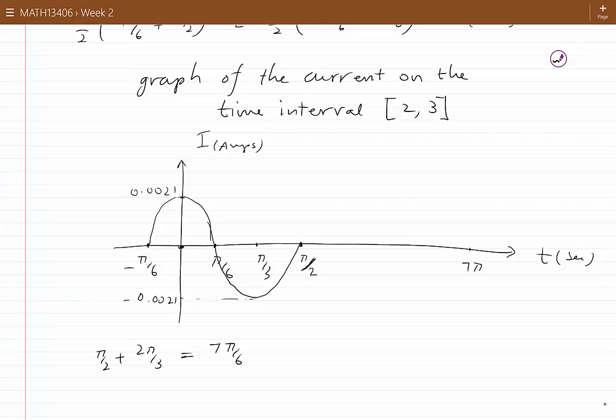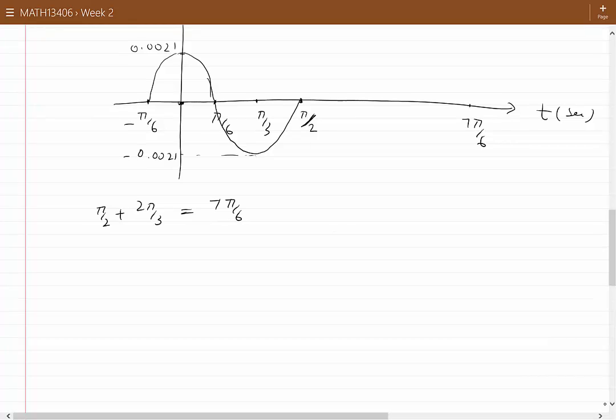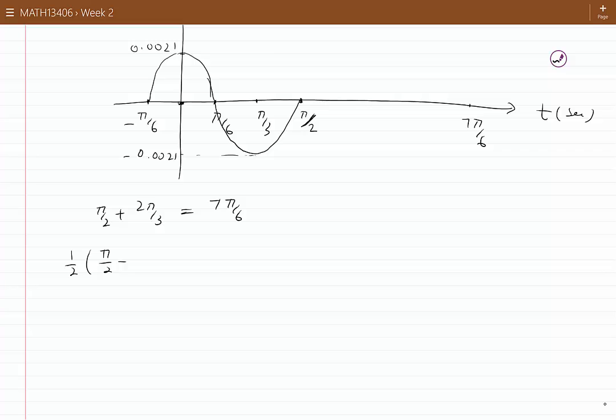7 pi by 6, and then we would need to find the midpoint between pi by 2 and 7 pi by 6, and that would be half of pi by 2 plus 7 pi by 6, and that is 5 pi by 6, which is this point, 5 pi by 6. Then we would need to find the midpoint between pi by 2 and 5 pi by 6.